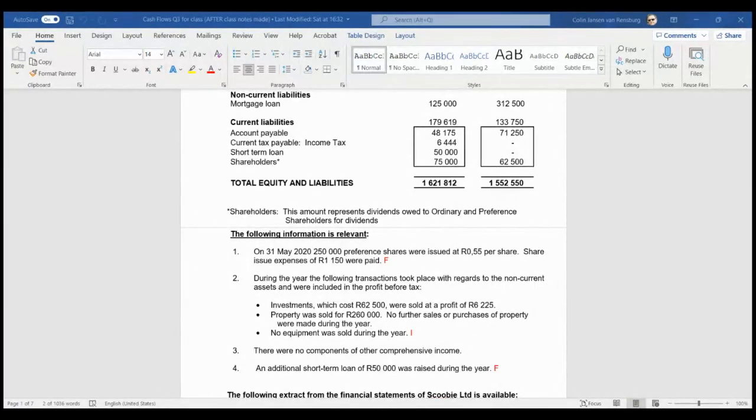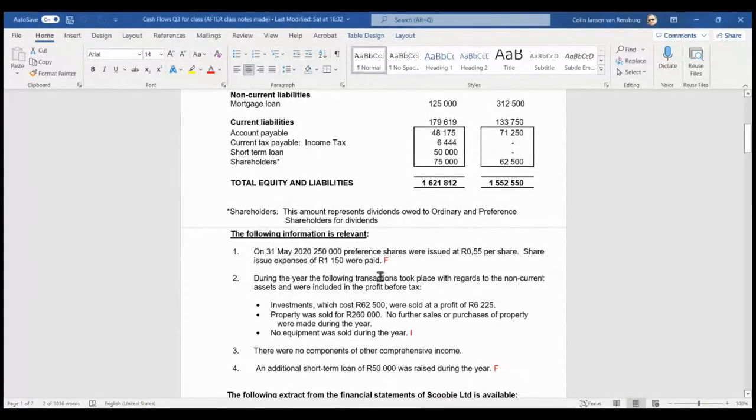We made a profit. Thank you all. We made a profit because we sold it for 260, but the cost was only 225,000, I think you said. Thank you, Nkubili. That was my next question. So what is the profit on the disposal of property? Therefore, 35,000, as Nkubile has already mentioned there.